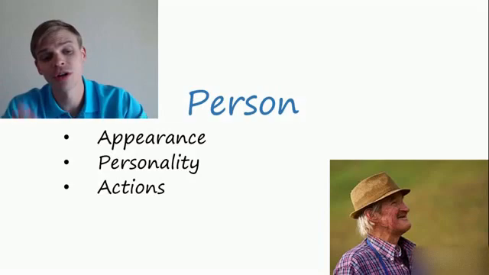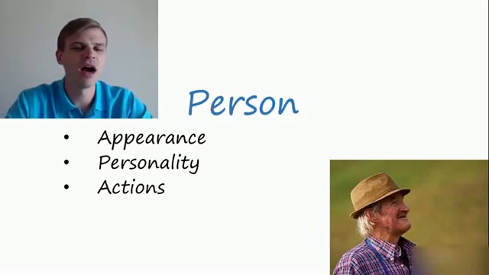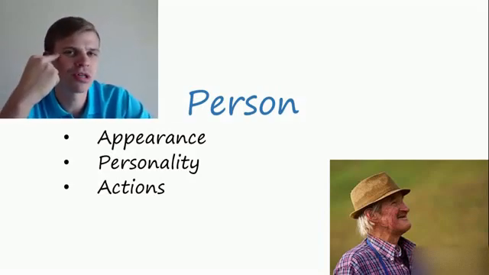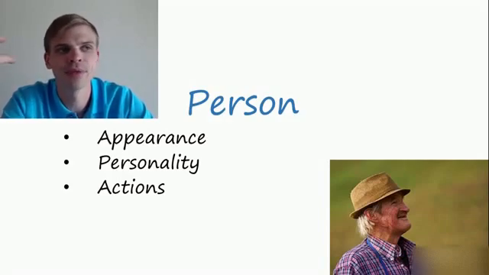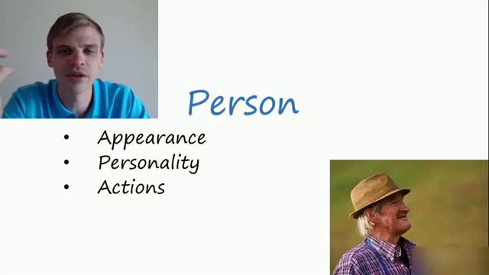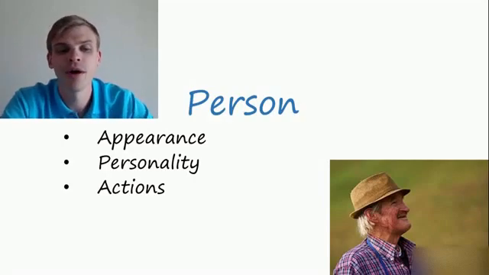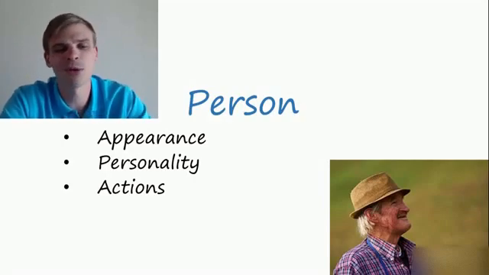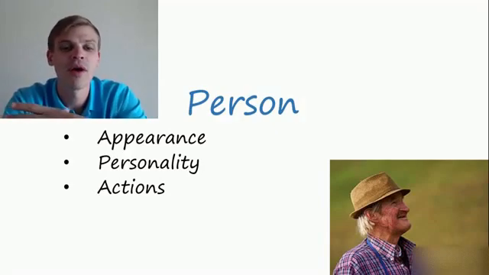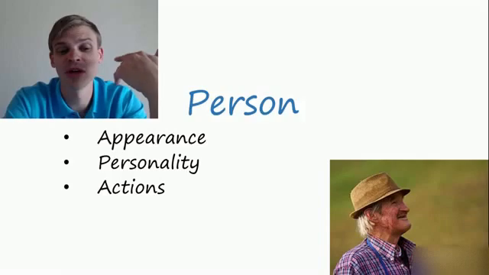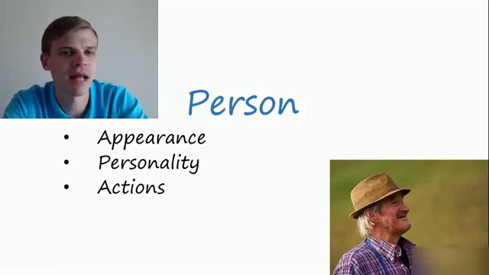Now you could take a picture like I have here, but I would like you to think about a real person you know. This could be a friend you have, or maybe somebody from your past, an old teacher, or maybe a president, or just somebody. And come up with answers to these questions. What is their appearance? What is their personality?